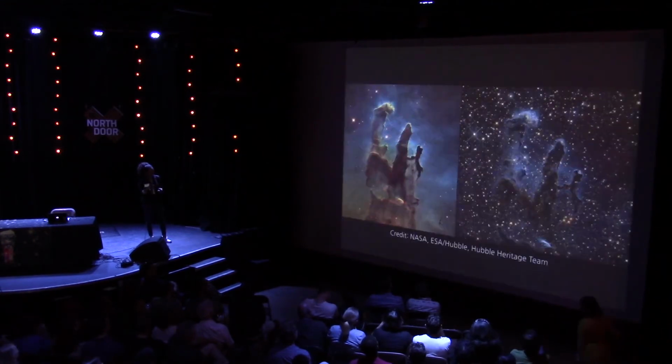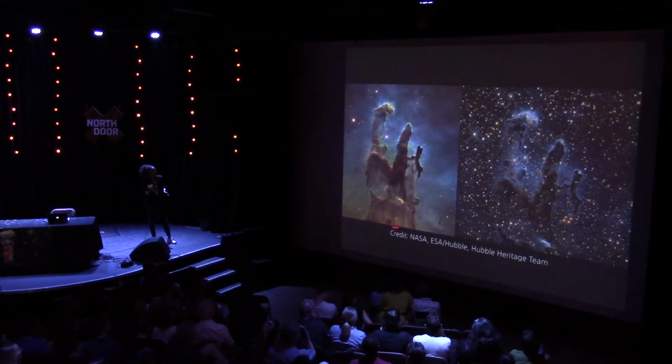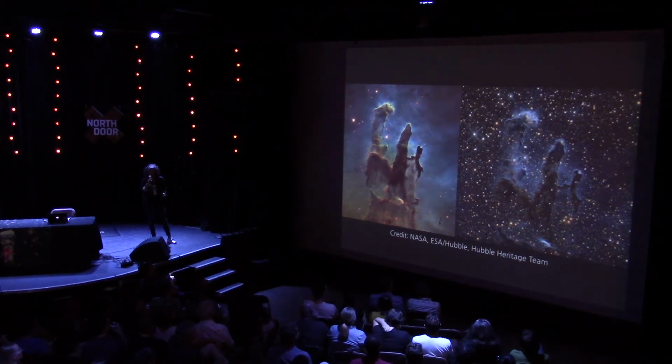If we look at them side by side, as I mentioned with near-infrared, the dust is still there, but you're able to see through a lot of it. Only the densest regions of gas and dust still block our vision from what's underneath.